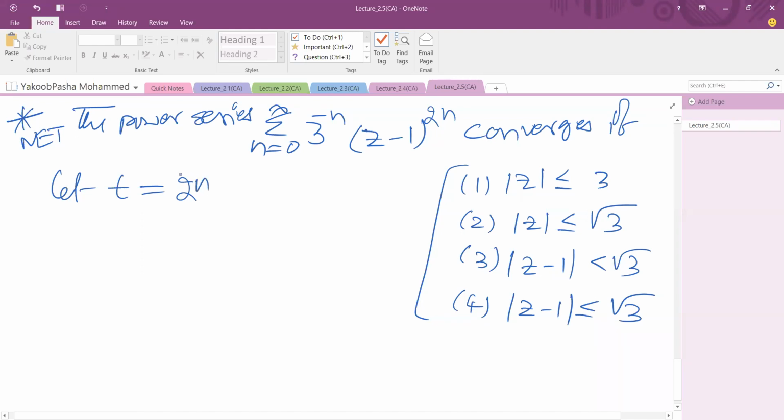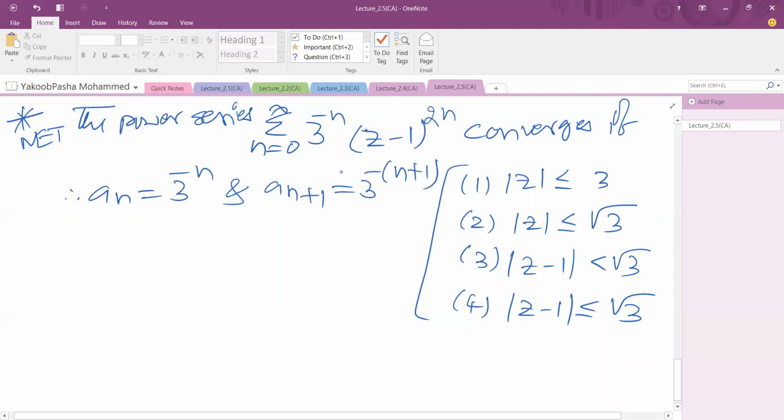Or else, directly take this an, and we will check the convergence later. First, the radius of convergence. So an is equal to 3 to the power of minus n and an plus 1 is equal to 3 to the power of minus (n plus 1). Okay.